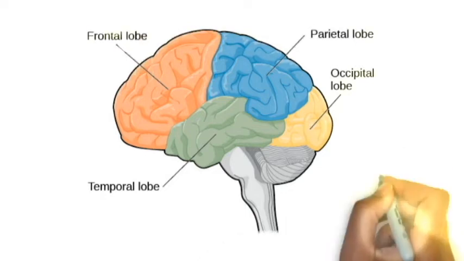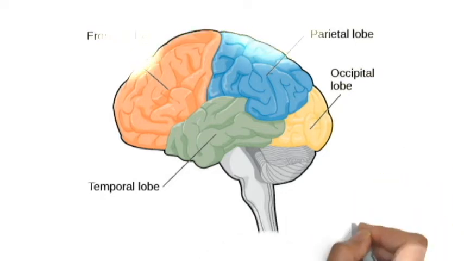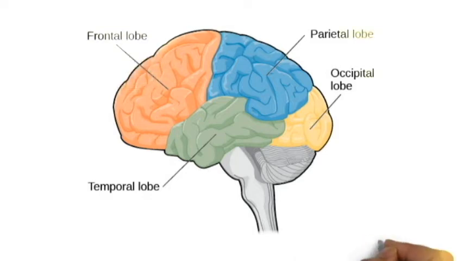Now, the frontal lobe is an area of the brain of mammals located in the front of each cerebral hemisphere and positioned anterior to, that is in front of, or rostral of, the parietal lobe, and superior and anterior to the temporal lobes. It is separated from the parietal lobe by a space between tissues called the central sulcus, and from the temporal lobe by a deep fold called the lateral Sylvian sulcus.